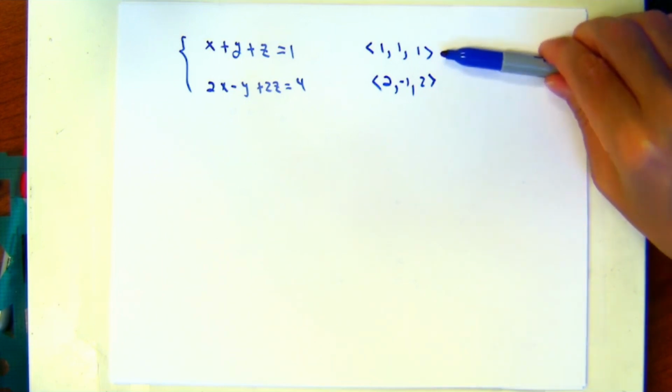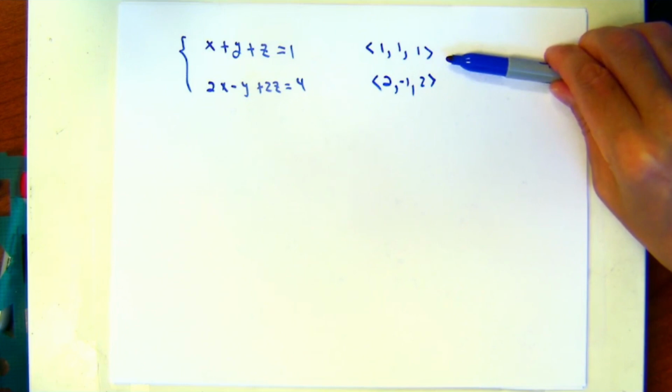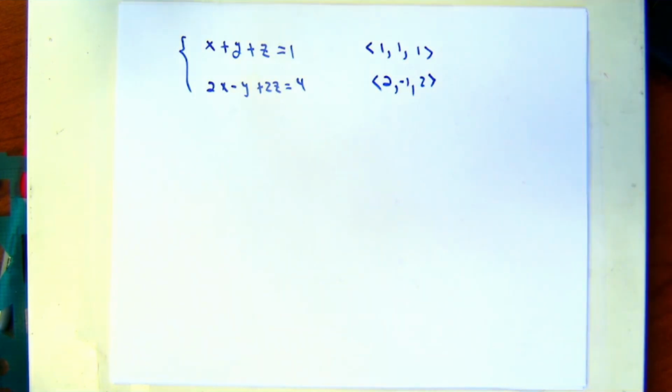So there's no way those could be multiples of each other. I'm going to have a plane that is tilted with respect to some other plane. That means the two planes are going to intersect in a straight line, and I'd like to figure out the line of intersection of these two planes. All I need to know is a point that lies on that straight line and a vector that points along the direction of the line.